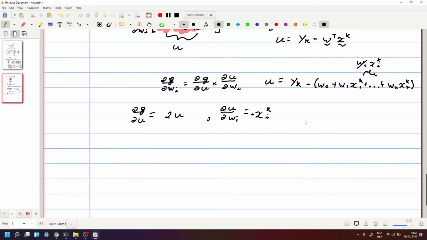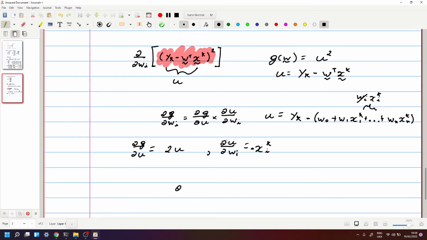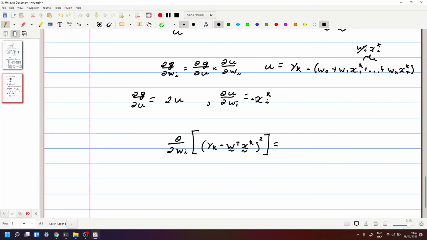So now if you put 2 and 2 together, we have that the partial derivative, as we had here, of this whole thing here. Let me just write it again for us to see. That is equal to this here times this here.